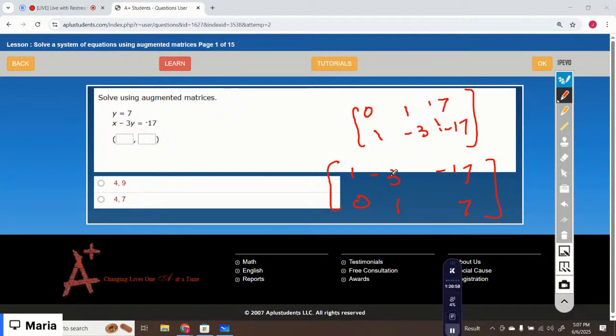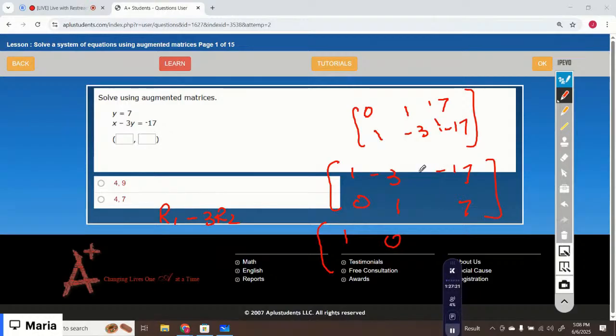So we need to make 0 here. So R1 plus 3 R2. So that is 1. -3 plus 3 is 0.